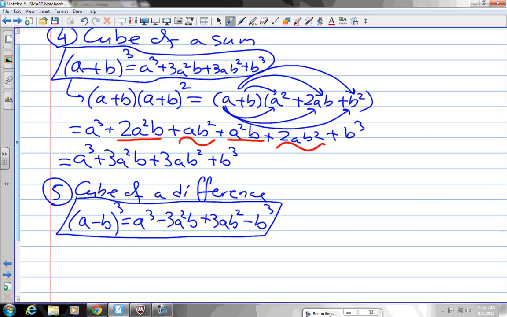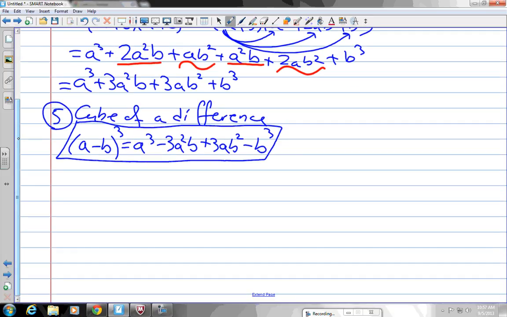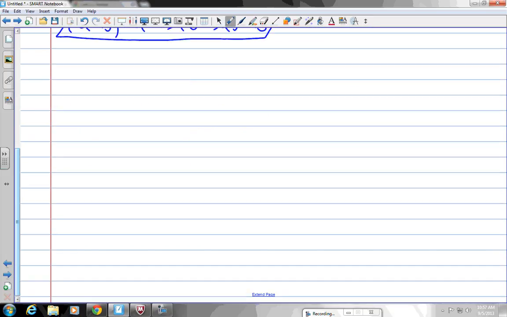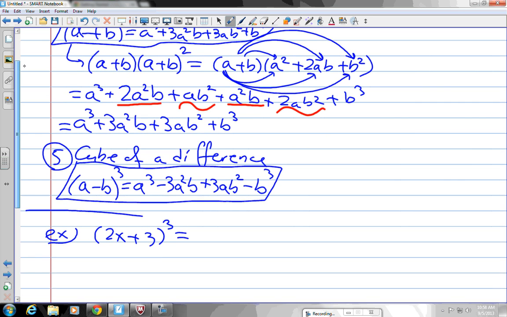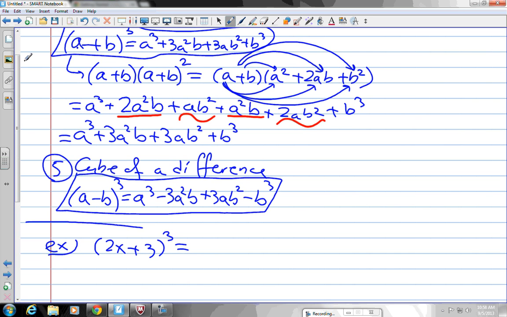Well, let me do a few examples where we use them. So 2x plus 3 quantity cubed. So I'll use the first formula, right?